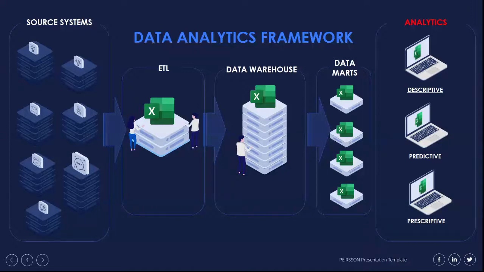The first type is descriptive, the second type is predictive, and the last type is prescriptive. This week, we will be talking about the base analytics, which is descriptive. So this descriptive is the basic of the basics type of analytics that we can do with our datasets.